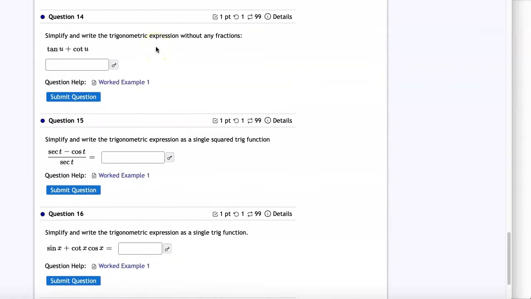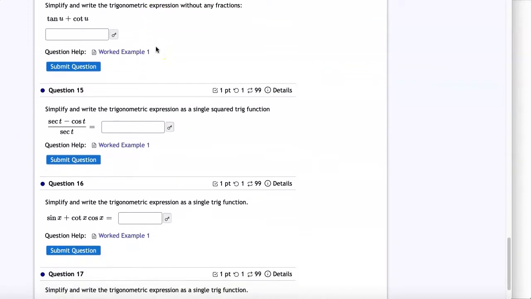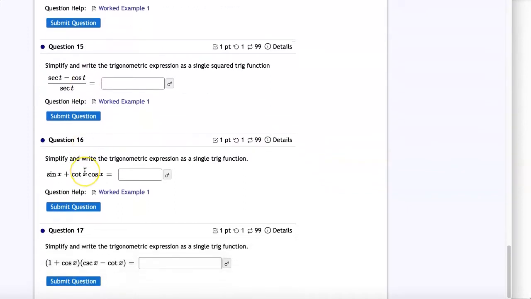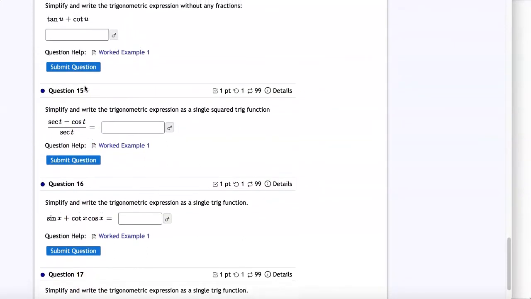Now, for these remaining problems, these are problems that are going to be identical every single version that pulls up on the screen, which means that if I did them for you, I would defeat the point of you doing them. Now, if you get them wrong, you will automatically have access to the correct answer. But that's not the point of this exercise.